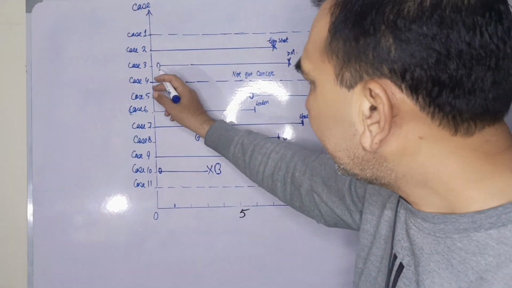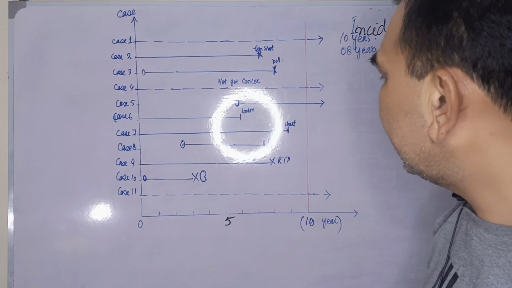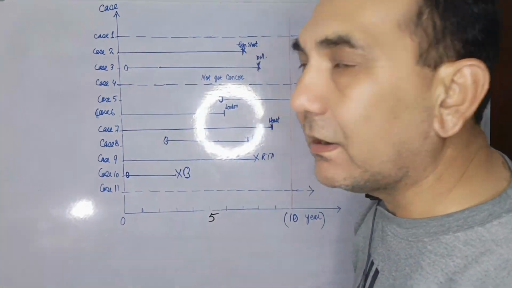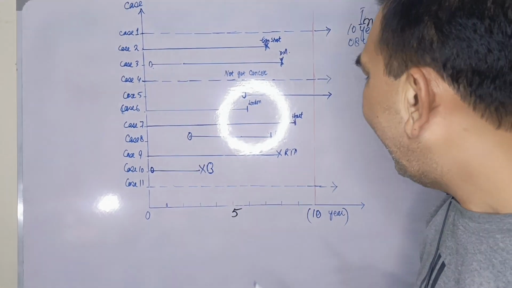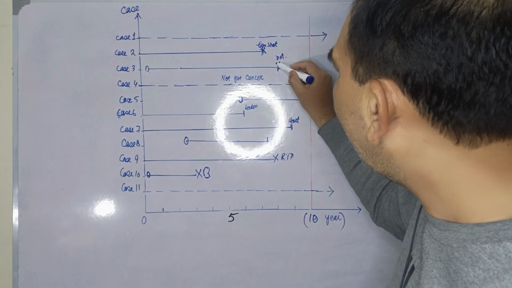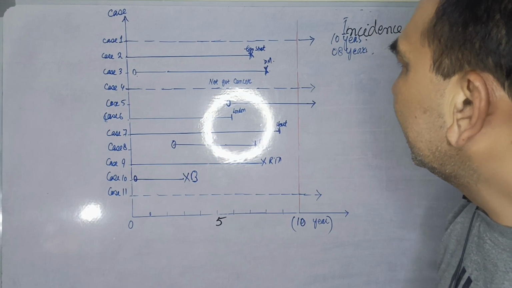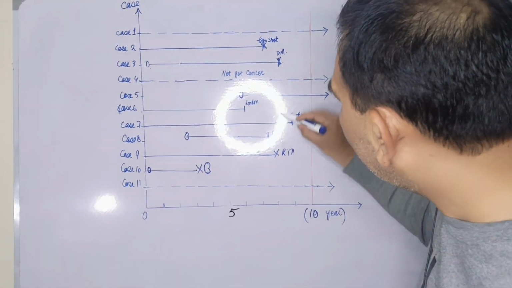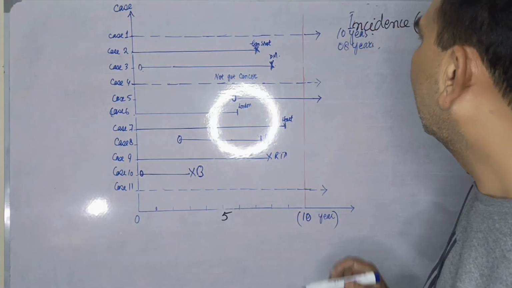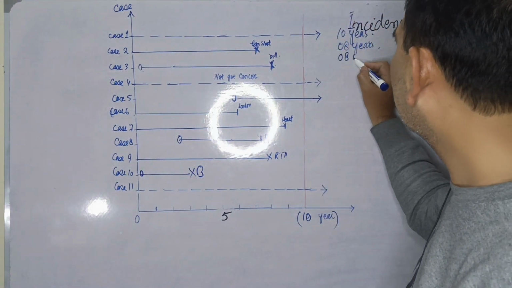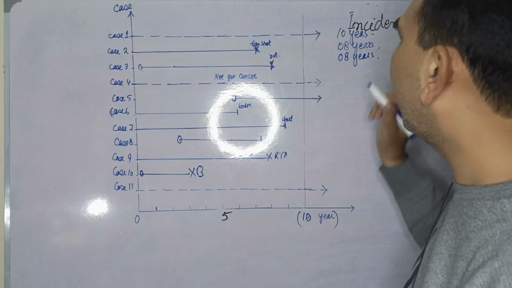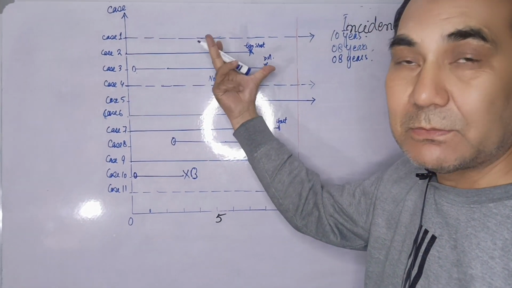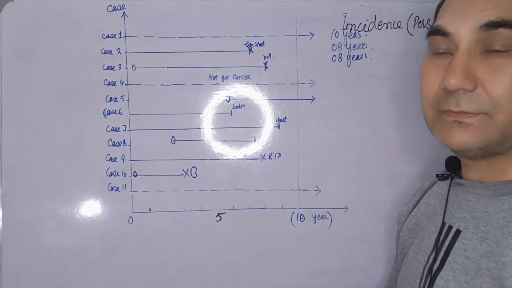Now in case number 3, again the disease onset is in the first year, it continues, and the person died due to diabetes mellitus, again at 8 years. Then again the person-years of the follow-up of case number 3 is 8 years.